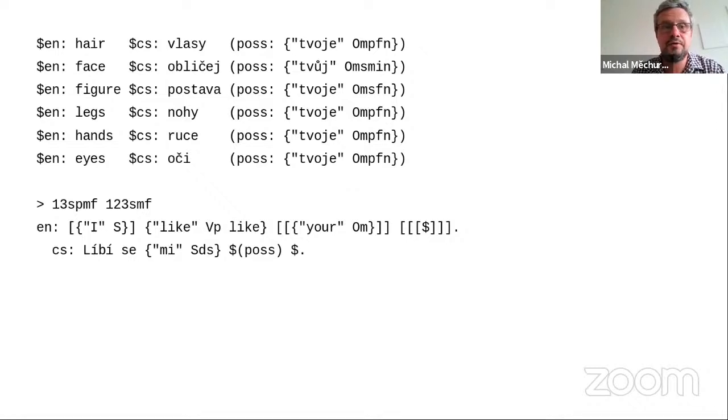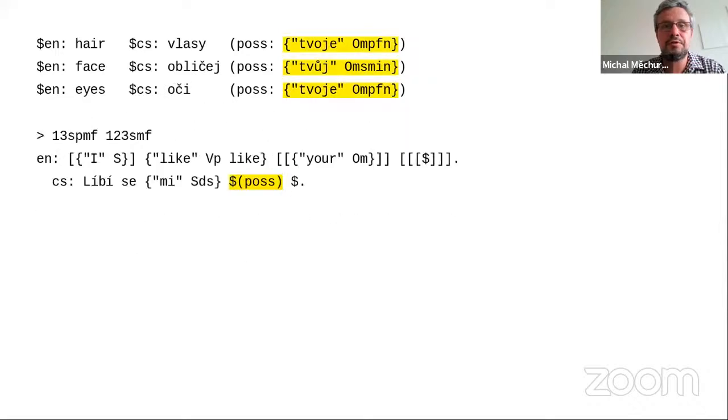And then on the Czech side, this is a shorter example, but with things highlighted that are relevant for what I'm saying. The possessive pronoun that goes with each of the Czech words is different between the vocabulary items, because some of the words on this list are masculine, some are feminine, and so on, right?